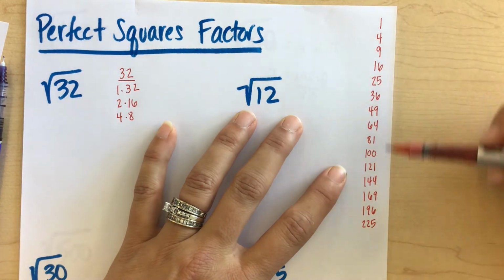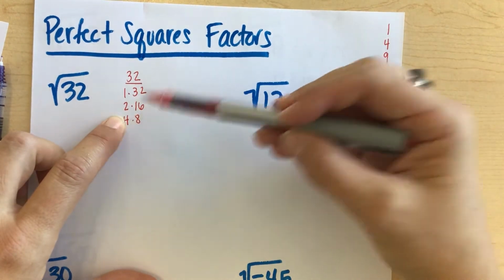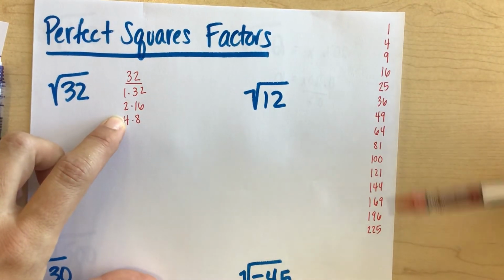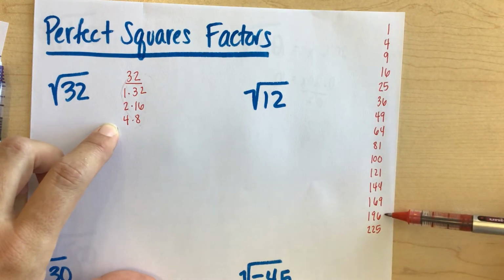Those are my perfect squares, right? So we're comparing our two lists, our factors with the perfect squares. I want to find the biggest number that's in this list that is also over on this list.